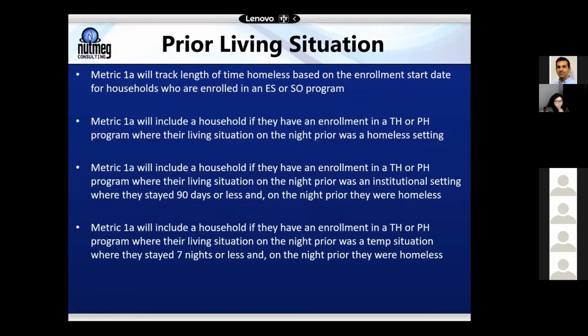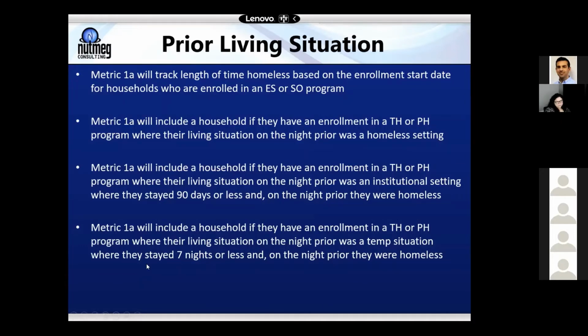Metric 1A will track the length of time homeless based on the enrollment start date for households who are enrolled in emergency shelter or street outreach. It will also include a household if they have an enrollment in TH or PH where their living situation the night prior was homeless. It will include households if they have an enrollment in TH or PH program where the living situation the night prior was an institutional setting where they stayed 90 days or less. So again, important to keep those in mind.